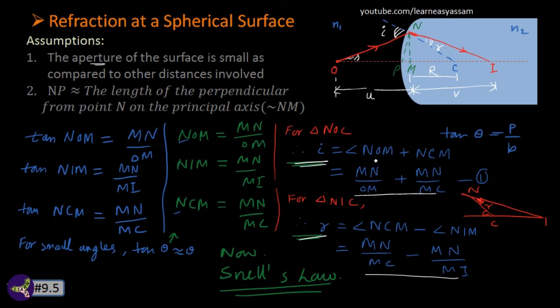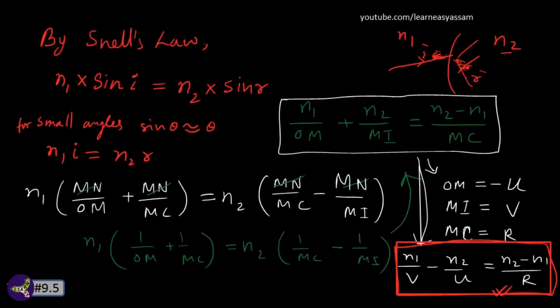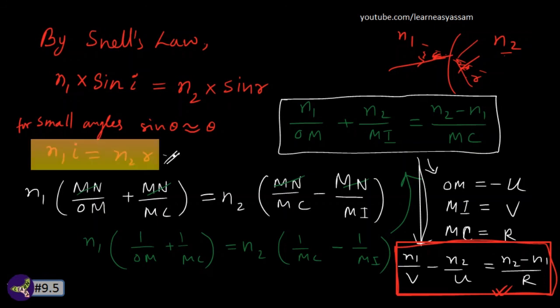After getting angle I and angle R, we can use this I and R in Snell's law. If you are using it in Snell's law, then again we have to do some assumption, that is sin theta is nearly equal to theta, so that sin will get cancelled out and it will remain that n1 i is equal to n2 r. This is our working formula.